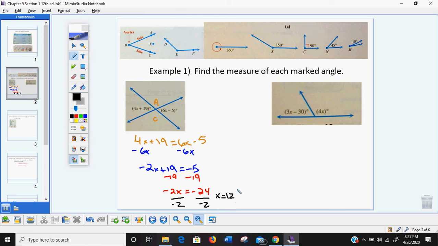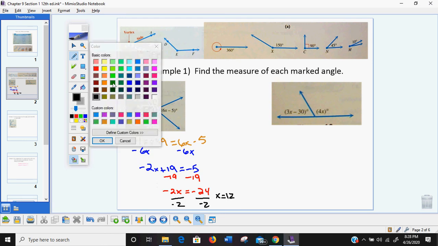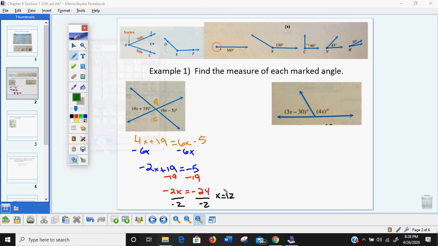Now, if all they wanted was x, I'm done. But in this case, they wanted the measure of both angles. So I have to plug this back in and figure out what the measure of the angle is. The good news is I just have to find one, because they're equal. Let's take this number and plug it back in right there for x.